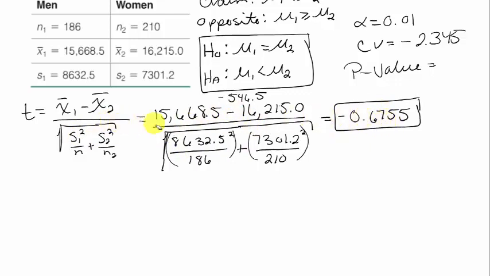So you'll still need to show this work, even if you're doing it on your calculator. And the commands that you need to do this on your calculator is stats, tests, and then you want sample t-test.